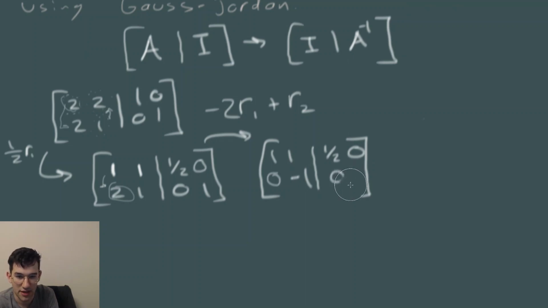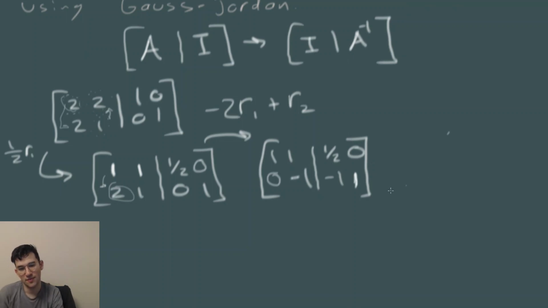And negative 2 times 1 half plus 0 equals negative 1. So that's what we're going to put here. Negative 2 times 0 plus 1 is just going to be 1.